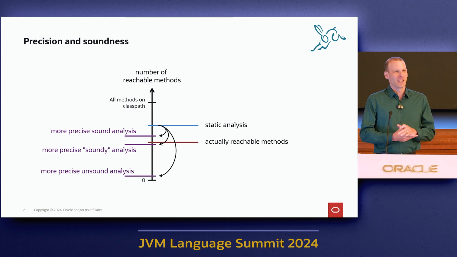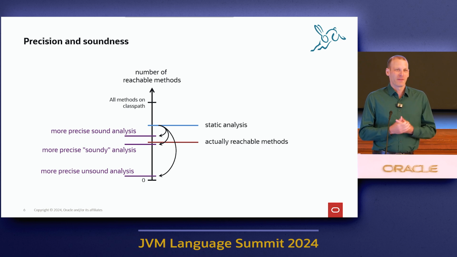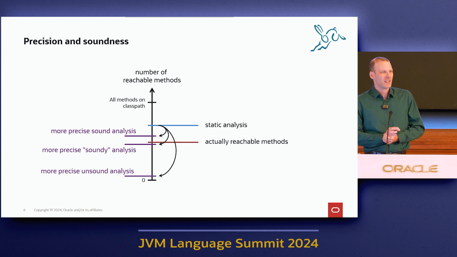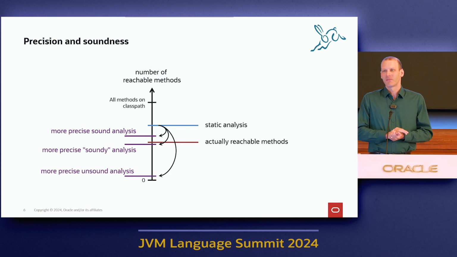So how do you make an analysis that is soundy, but still not too unsound? When we were working on the GraalVM analysis for GraalVM Native Image, we started on the other side, because we said we want to do ahead-of-time compilation of Java, which means if we are unsound, even in the slightest corner case, then we are miscompiling Java code.